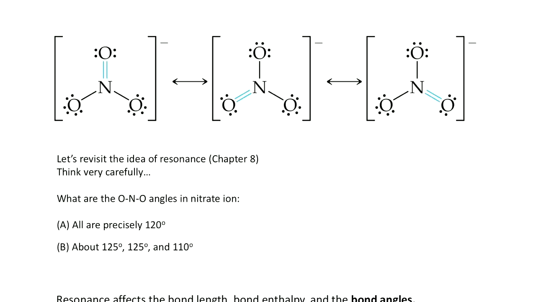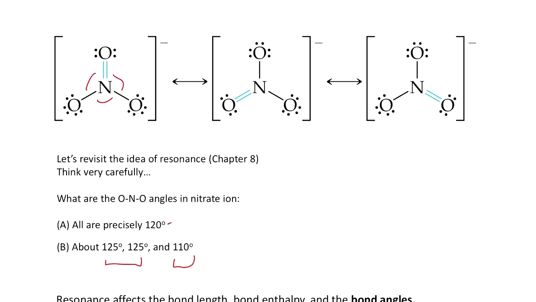No, it has 3 bonds that are all the same length because we can draw 3 different resonance structures. That double bond smears itself around the entire molecule. So with that in mind, what do you think the bond angles are in nitrate? Do we think we're going to have bond angles where 2 are bigger and 1 is smaller, or are all of them going to be the same bond angle?